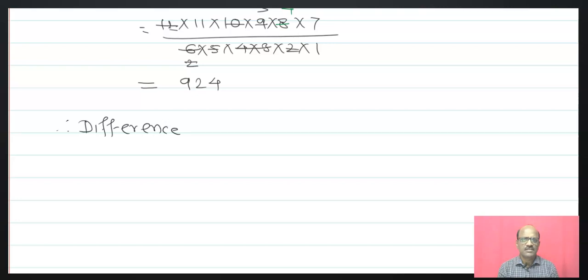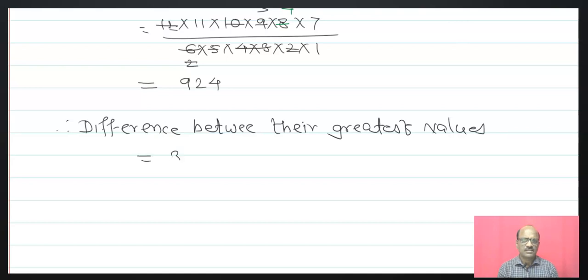Therefore, the difference between their greatest values, that is 3,432 minus 924.